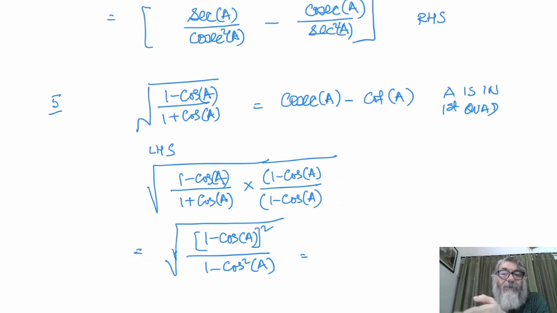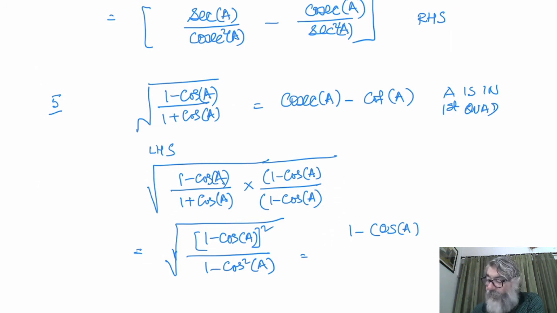Whenever you take a square root, it is going to be an absolute value, but because they are in the first quadrant, I'm not putting the modulus there. It will become 1 minus cos A, because it is 1 minus cos A whole square. So when I take a square root, the square will be removed.